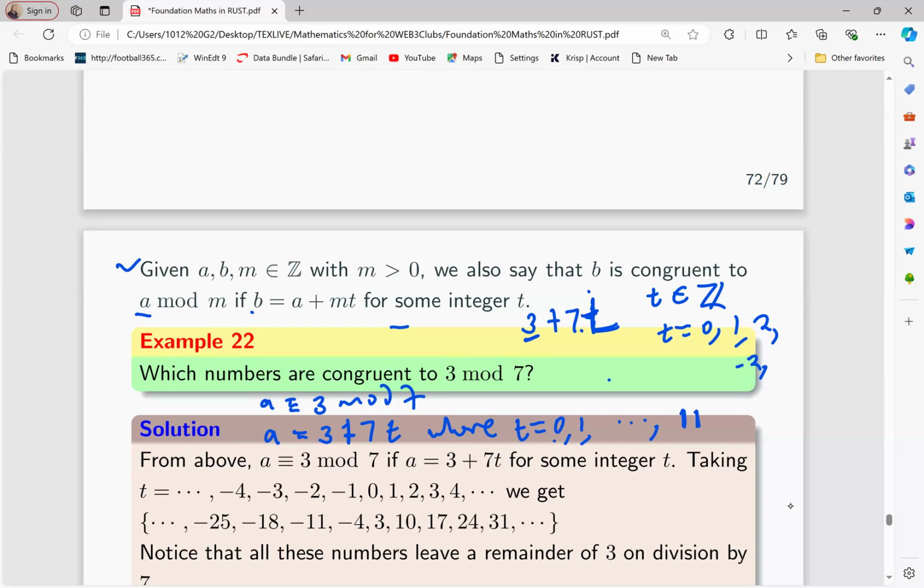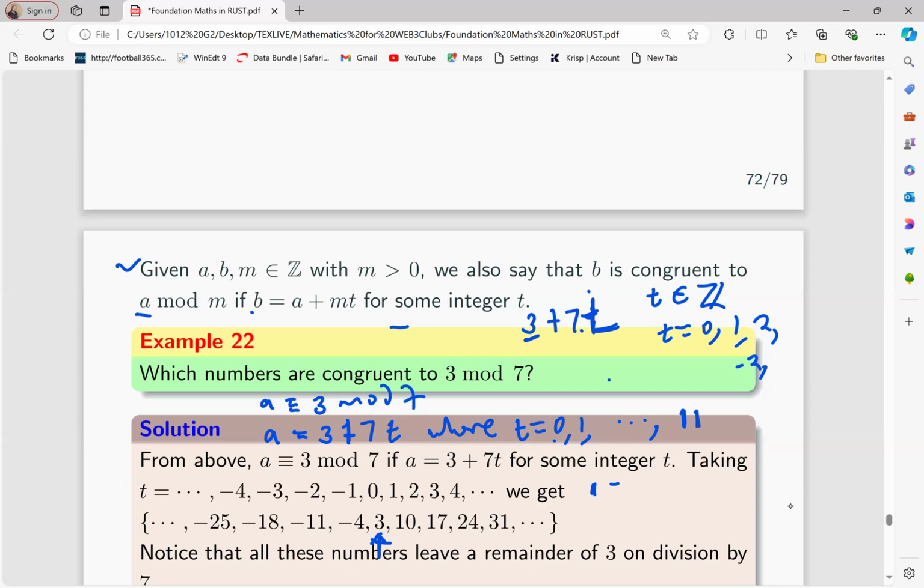When t is 0, you get that A. Let me just use my values here. If t is 0, you get 3, the positive value.